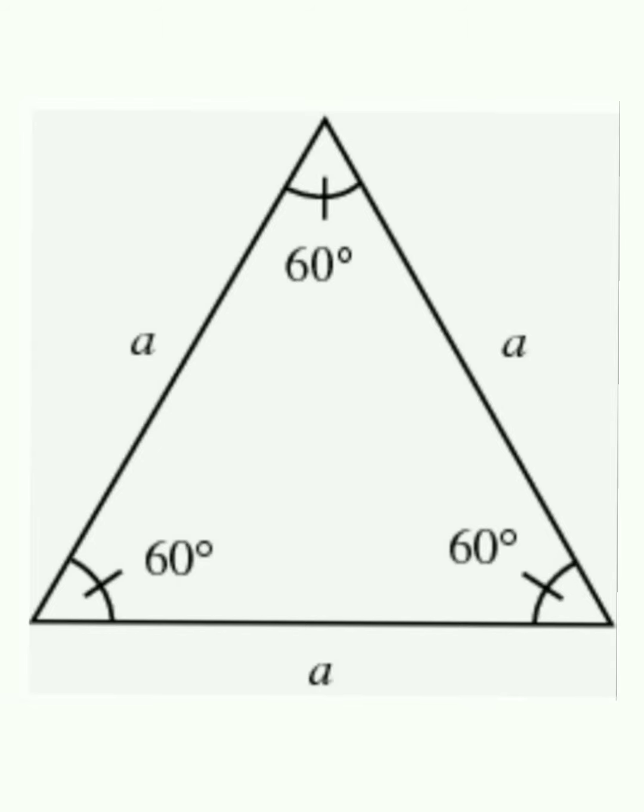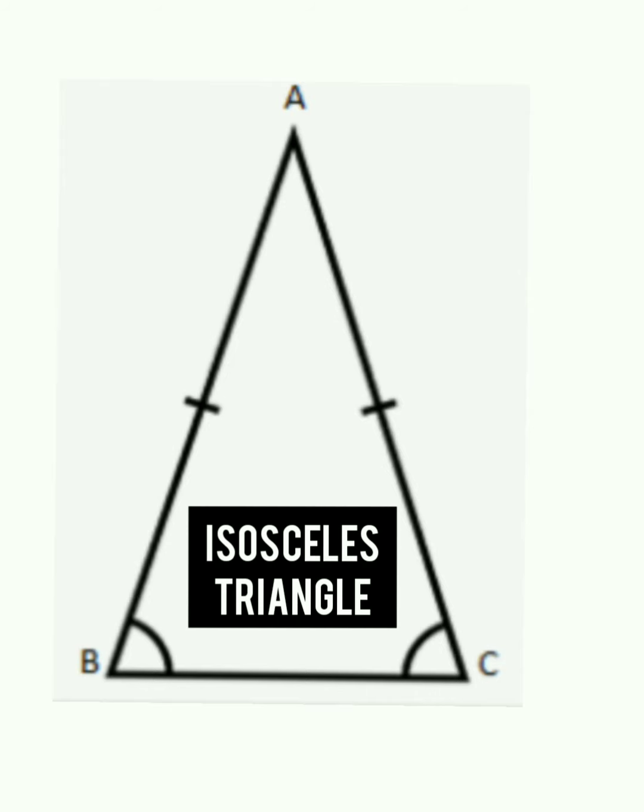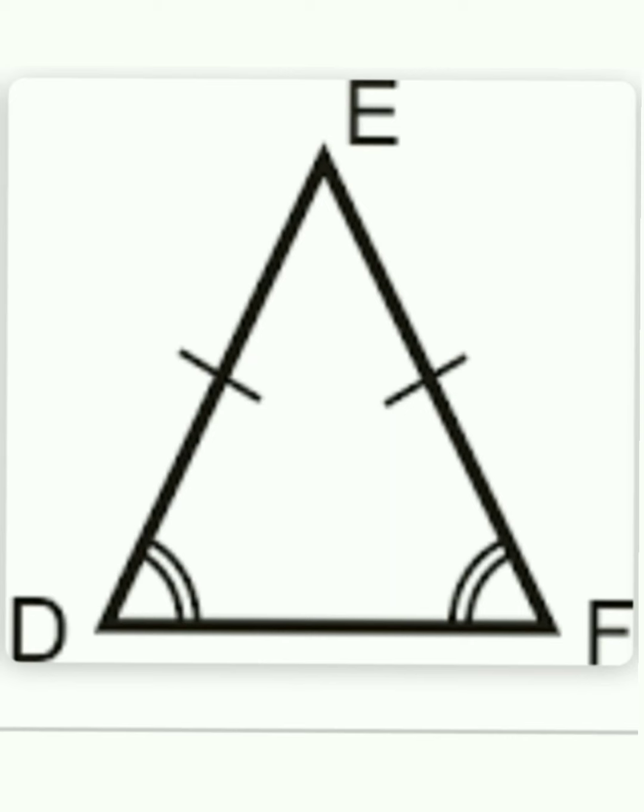60 degrees. Type number 2. Isosceles triangle. A triangle in which 2 sides are equal is called an isosceles triangle. It has equal angles opposite to equal sides. In the figure you see 2 sides and their corresponding opposite angles are equal. Number 3.